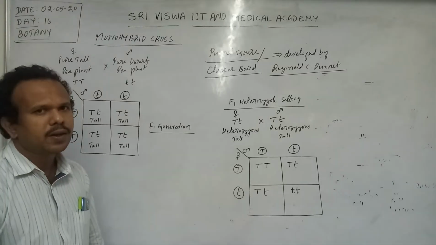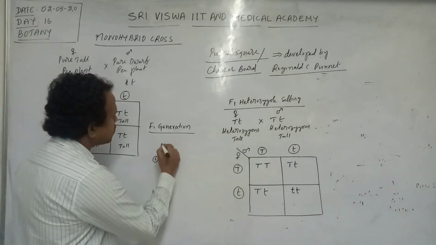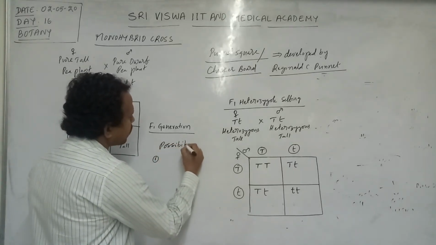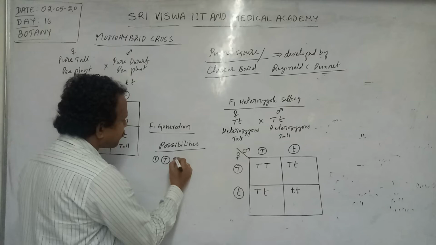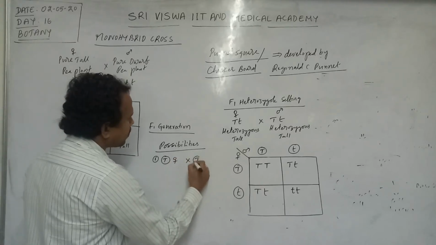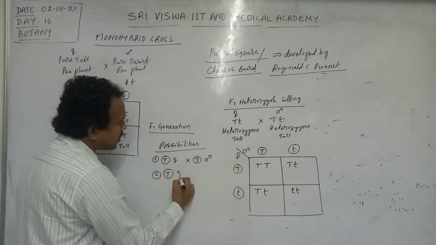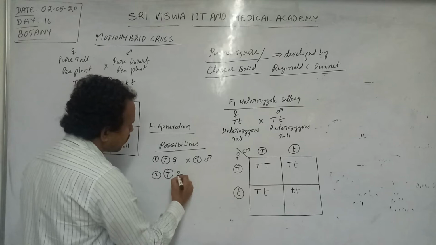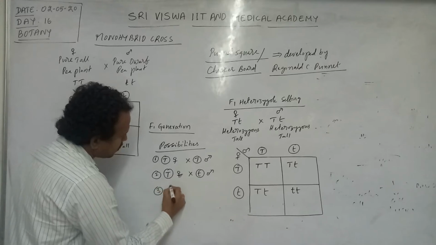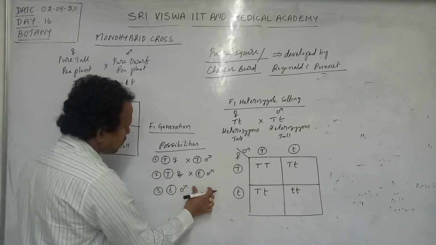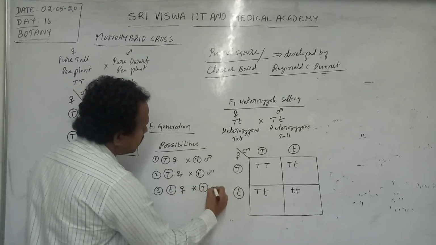So here consider the four possible fertilizations. First, capital T female gamete with capital T male gamete. Second possibility, capital T female gamete with small t male gamete. Third possibility, small t female gamete with capital T male gamete.